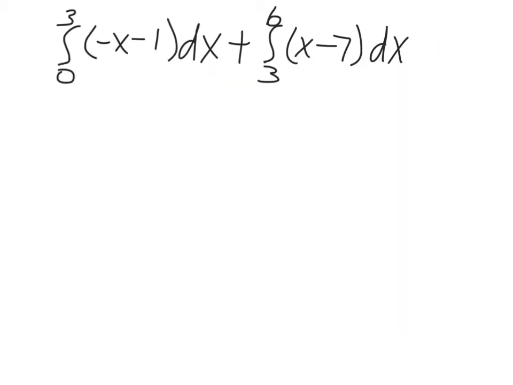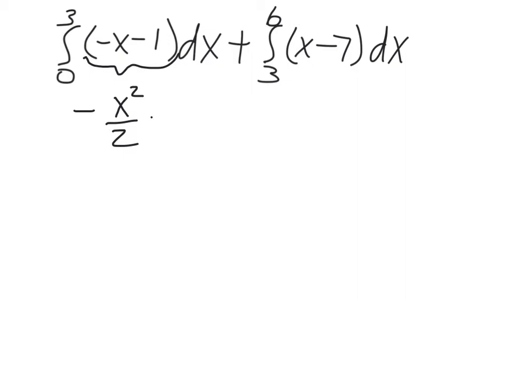So now we're finally ready to integrate, evaluate the integrals, and to do that, all we really need to do is find the antiderivative of the opposite of x, or negative 1 times x, and we can say antiderivative of x is x squared over 2, using our power rule.